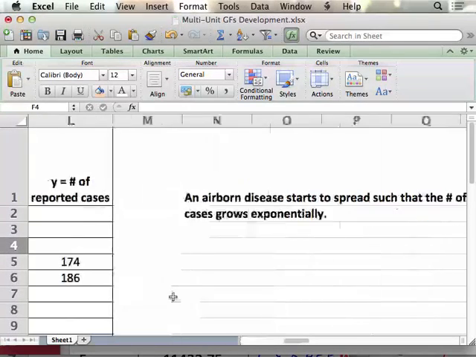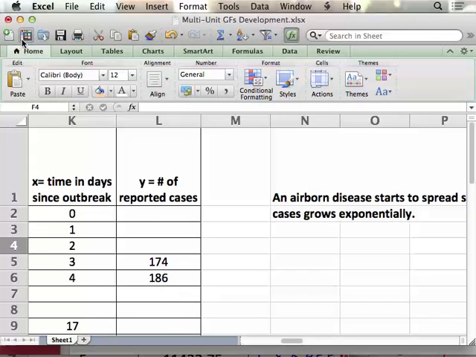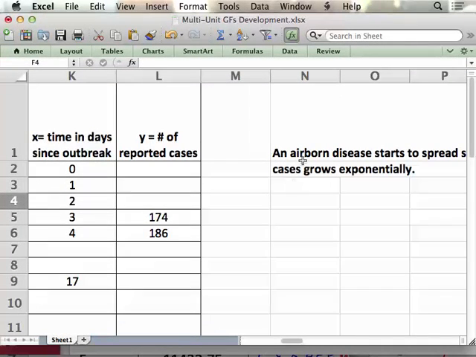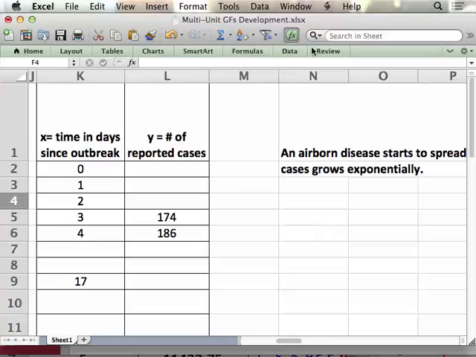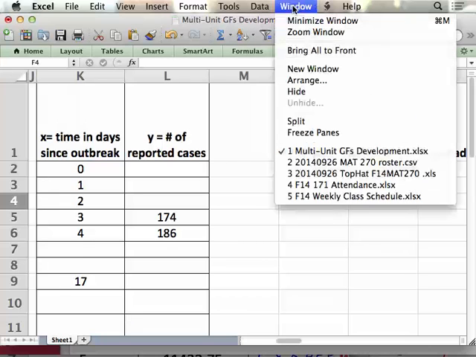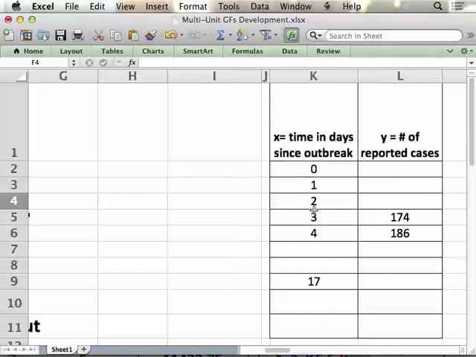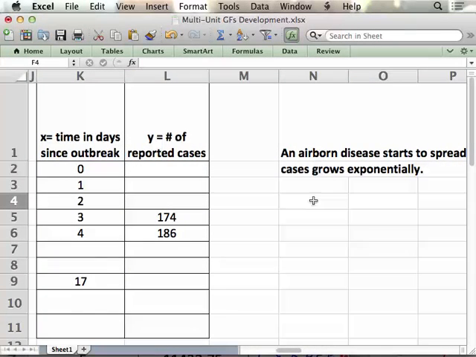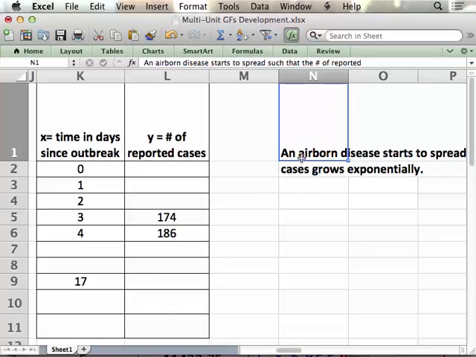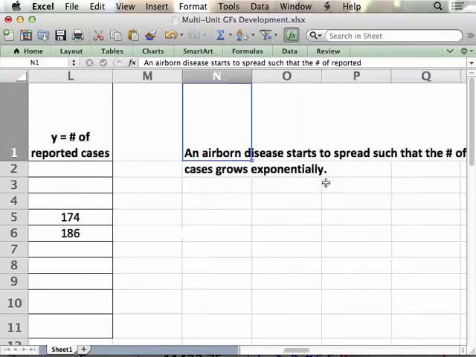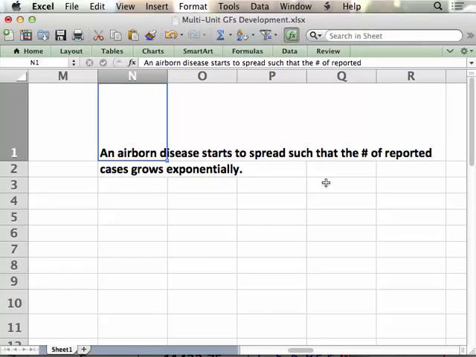So here's a new situation. All right, so anyway, it says an airborne disease starts to spread such that the number of reported cases grows exponentially.